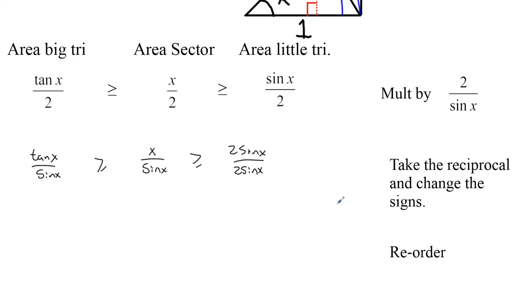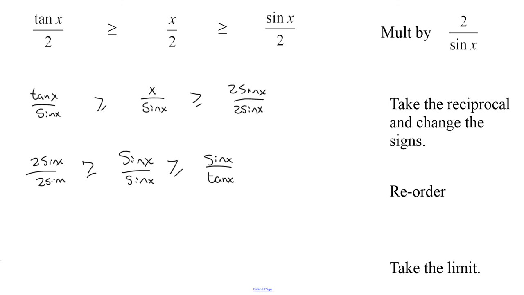So I'm going to take the reciprocal, and then I'm going to reorder. So I'll get 2 sine x over 2 sine x. This one stays in the middle. It's still greater than or equal. I'll get sine x over sine x. And then that'll be greater than or equal to sine x over tangent x. That's me taking the reciprocal and then reordering.